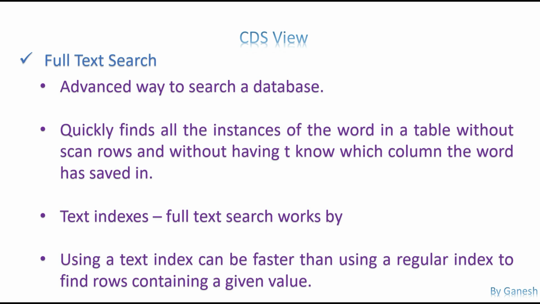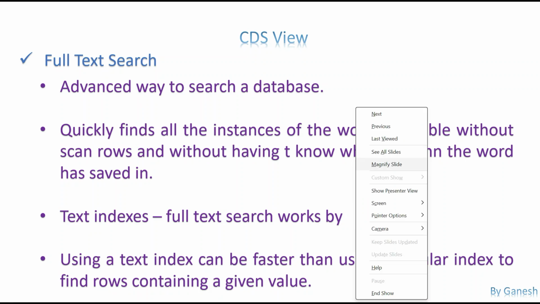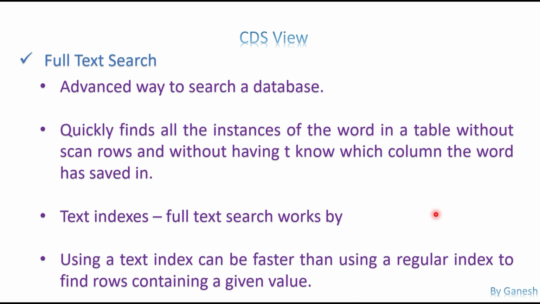A few things about this functionality: it's an advanced way to search your database, and it quickly finds the specific word or statement based on your own requirements in the different database tables. And this actually runs on a text index. Normally an index helps to execute or fetch very quickly.